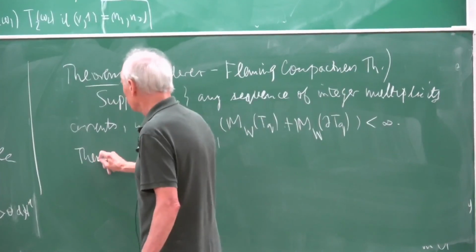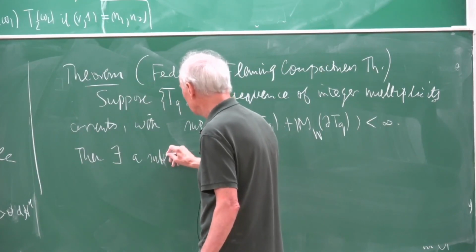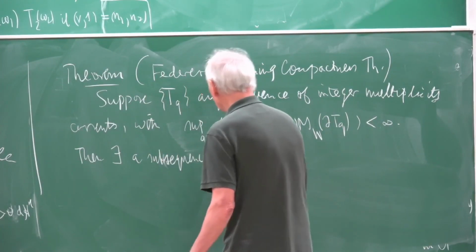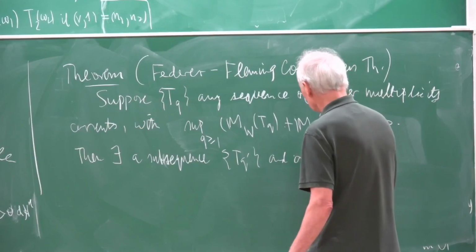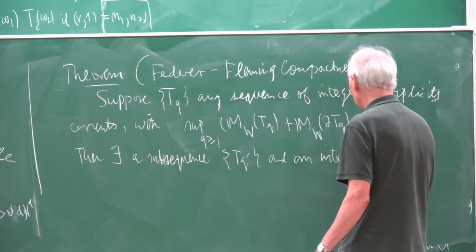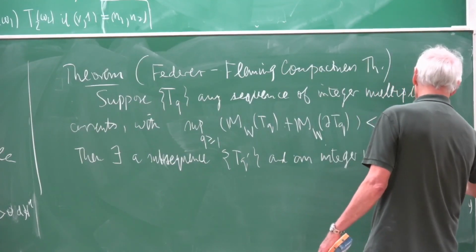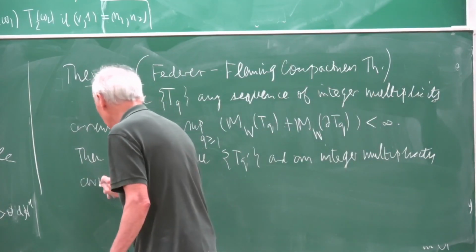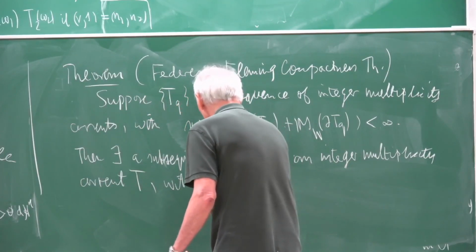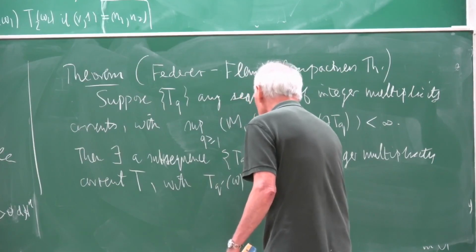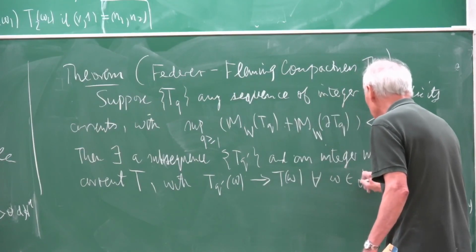Then there exists a subsequence T_Q' and an integer multiplicity current T with T_Q'(omega) converging to T(omega) for every form with compact support.